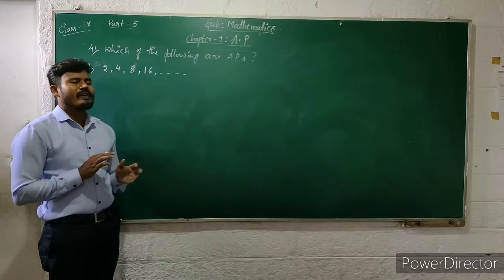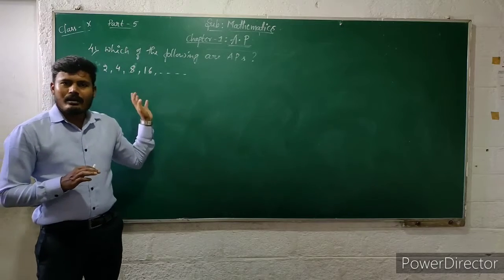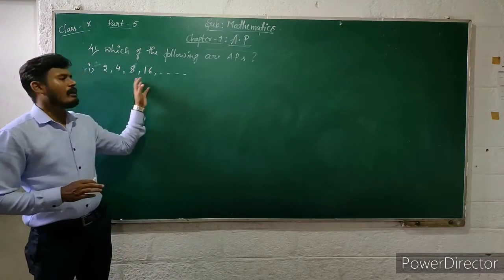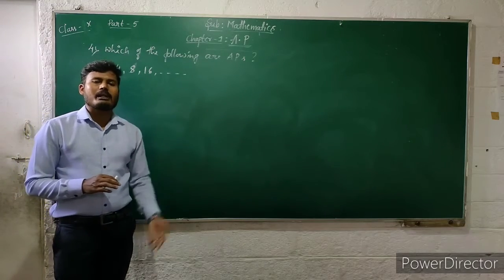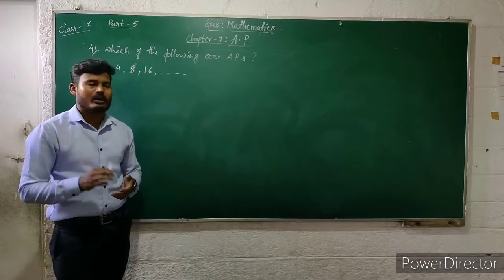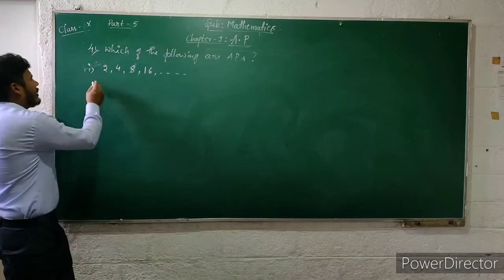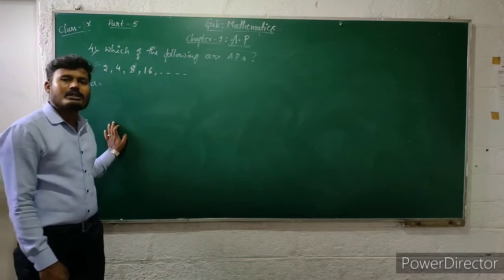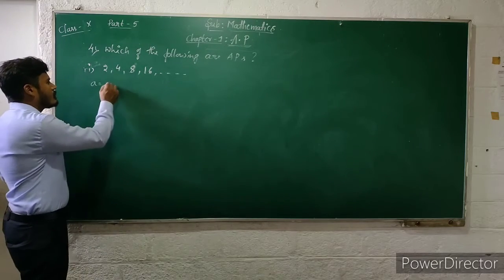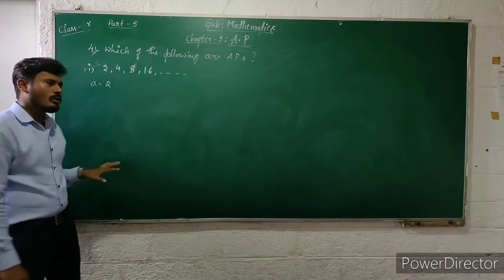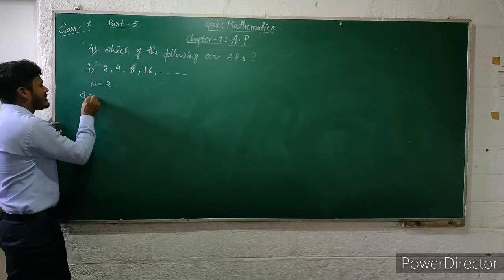If the common difference of the given terms is equal, then the given terms form an arithmetic progression. Here the value of a, the first term of the sequence, is 2. Then find its common difference.